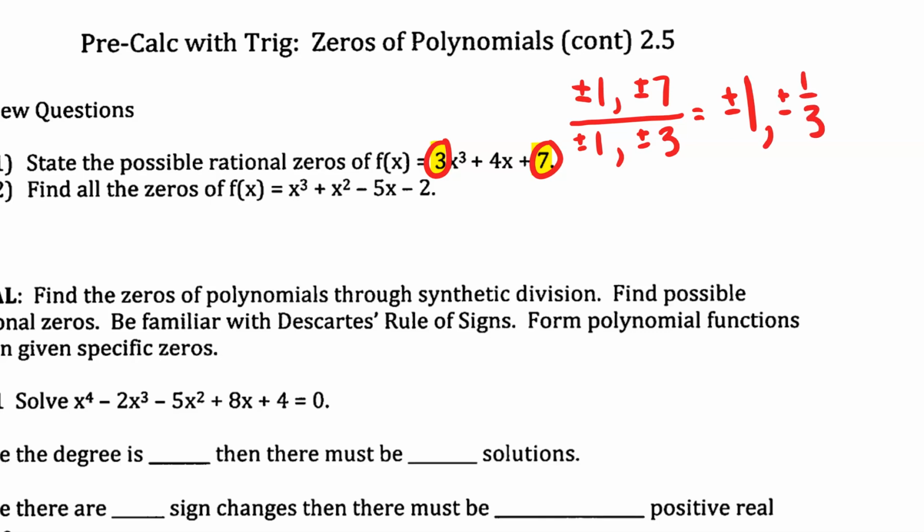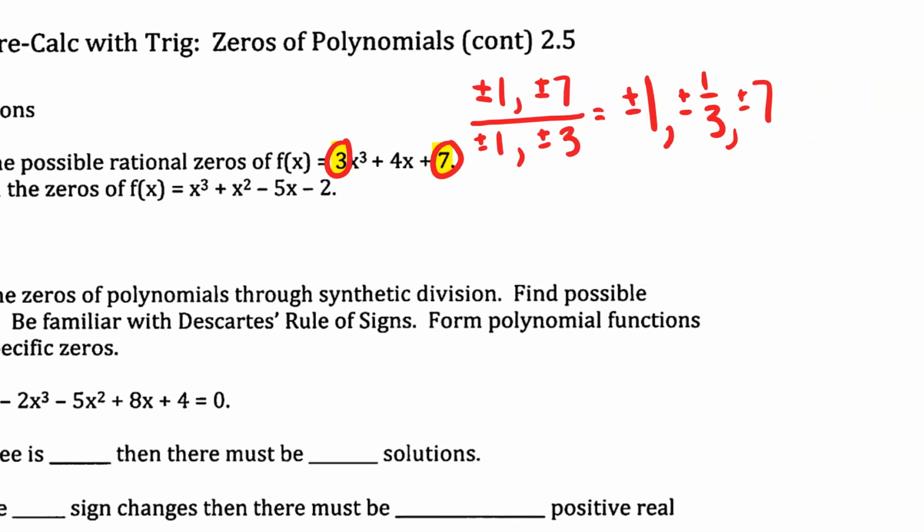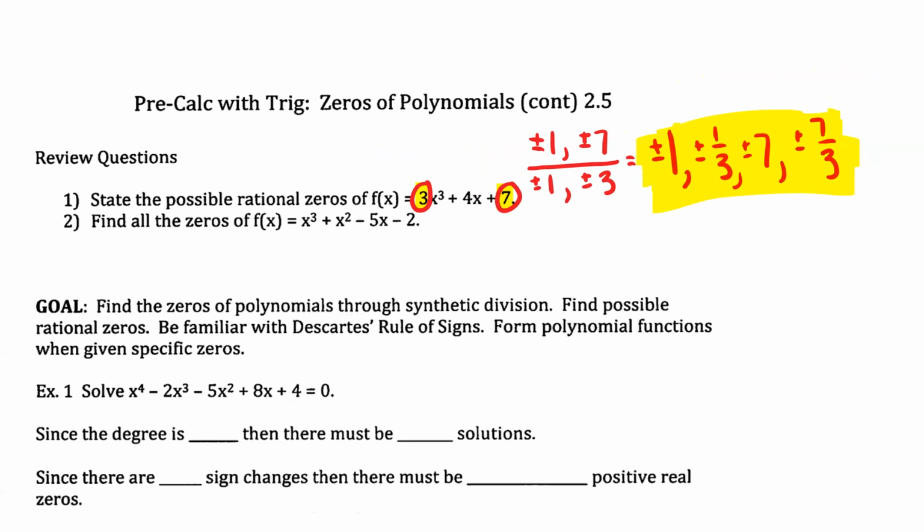Now I'm going to do 7 over 1, which is just 7, and then 7 over 3, which I'm just going to leave as 7/3. Those can't be simplified further, and that is all the possible combinations. So those are the only possible rational zeros of that function.